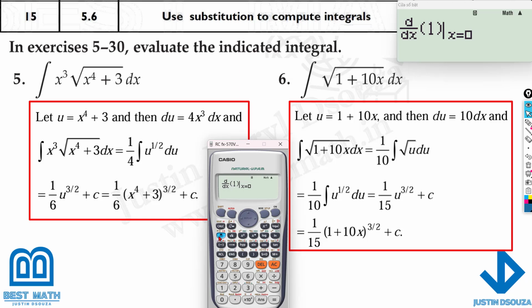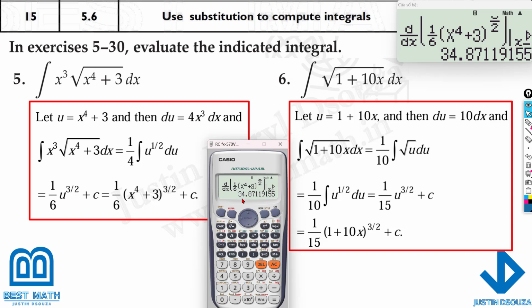The answer is 1 by 6, alpha x to the power 4 plus 3, close the bracket, raised to the power 3 by 2. And here we have x at 2, because we assumed the x value of 2 right at the beginning. So here we go, it's 34.87, absolutely right.